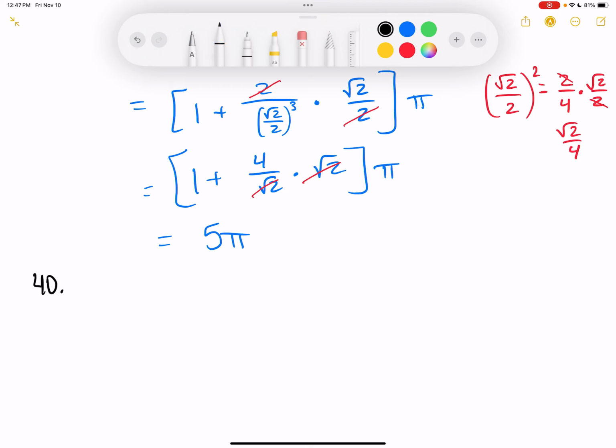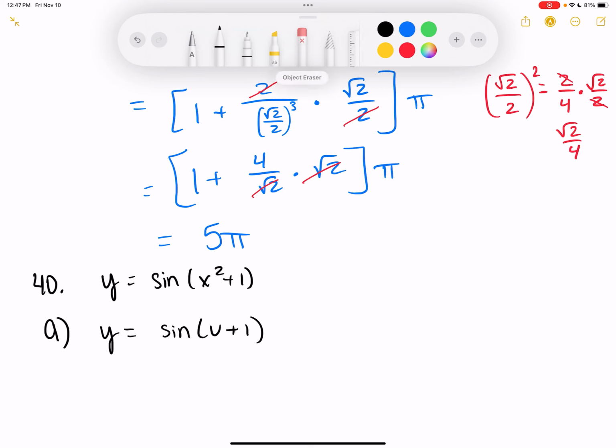So y equals sine of x squared plus 1. And the first one they want done is if y is equal to the sine of u plus 1, and u is equal to x squared.